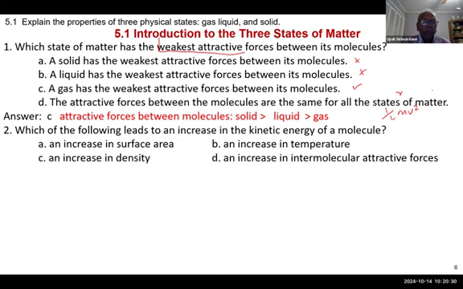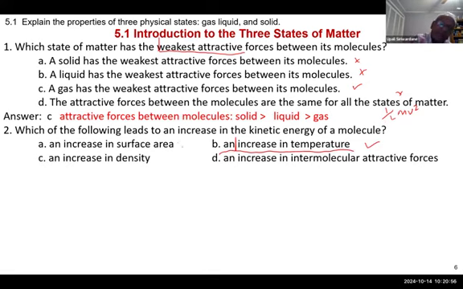Kinetic energy increases with temperature. As the temperature of a substance increases, particles start to move faster. Then temperature is the main thing that is increasing the kinetic energy.